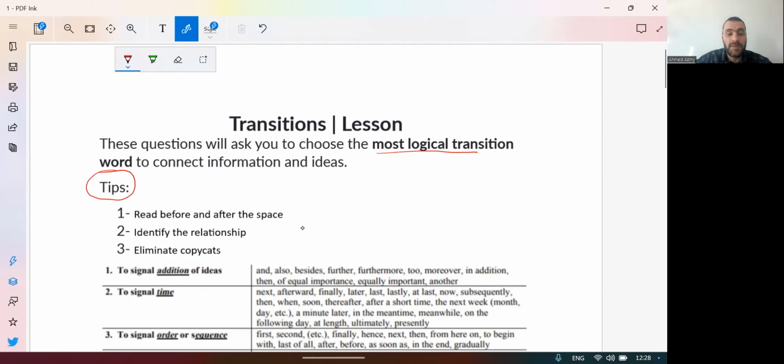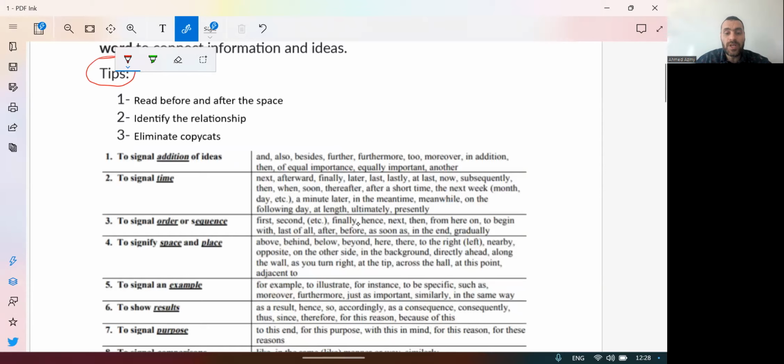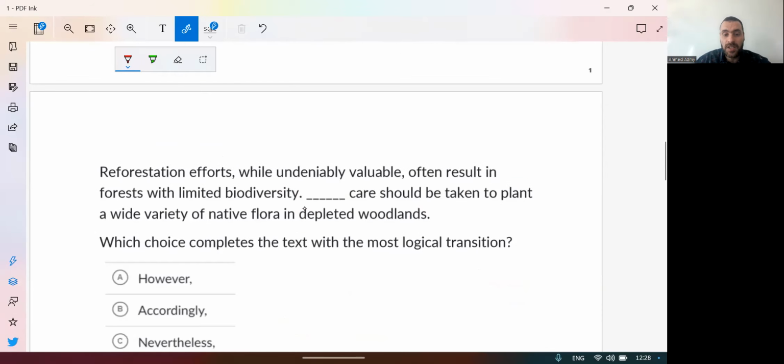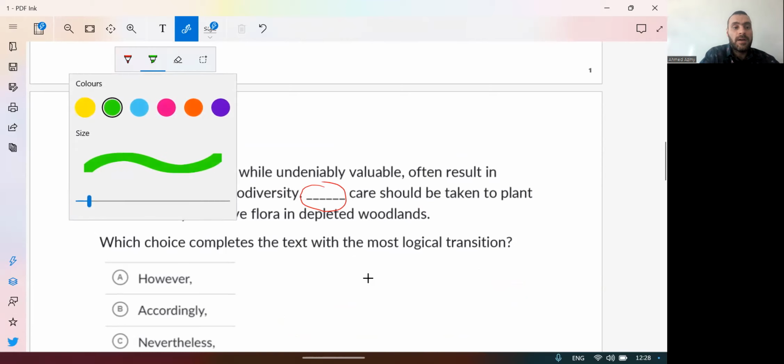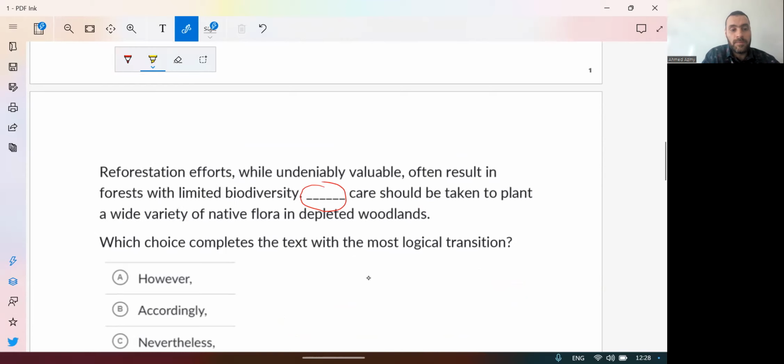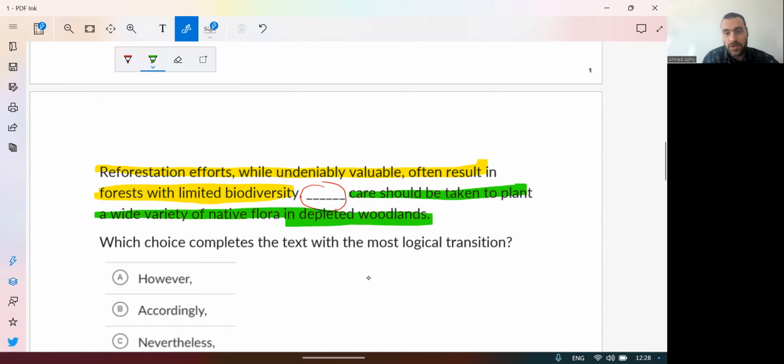You need to read what's before and after the space. Where is the space? This is the space. You need to put the transitional word here. You need to read what's before the transition, and what's after the transition.